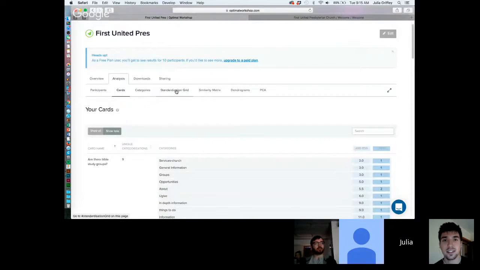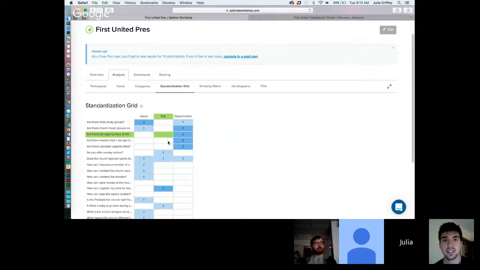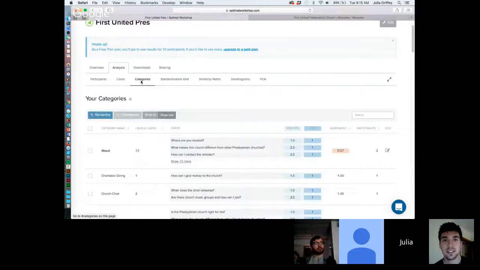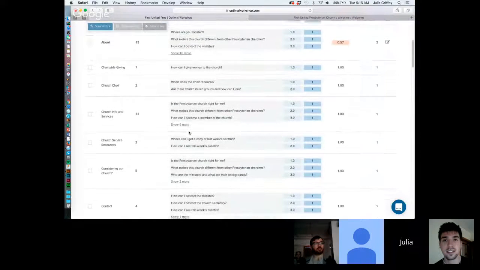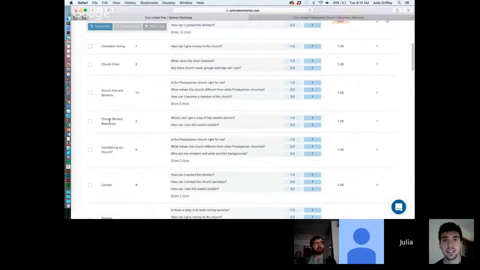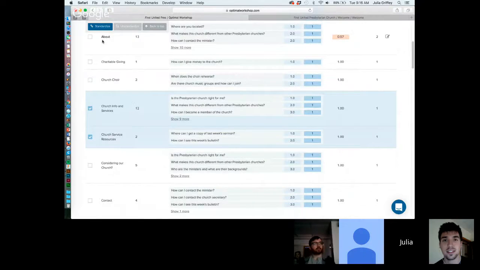This is one thing, the standardization grid. I started to standardize some things. For example, church info and services and church service resources are kind of similar. So you can select the two categories and then say standardize.